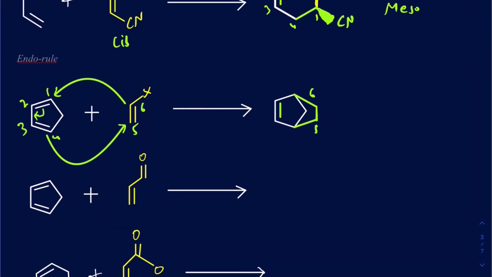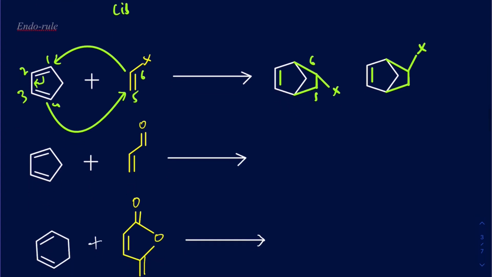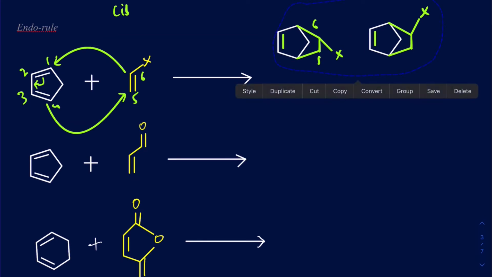I could have this coming down, that's one possibility, or I could have this going up like this.